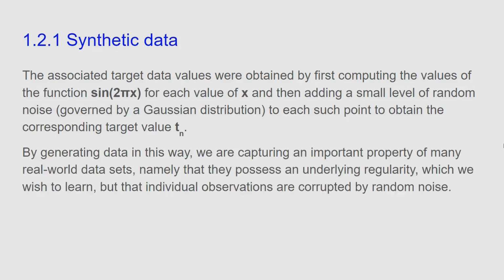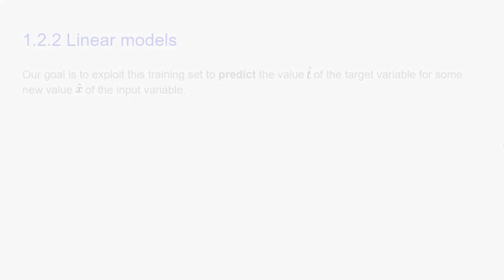By generating data in this way, we are capturing an important property of many real-world data sets, namely that they possess an underlying regularity which we wish to learn, but that individual observations are corrupted by random noise.